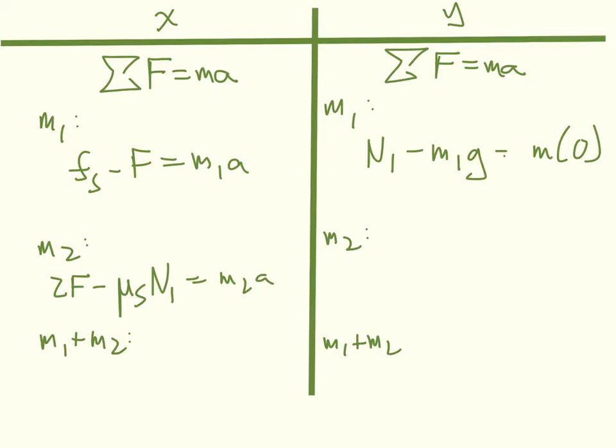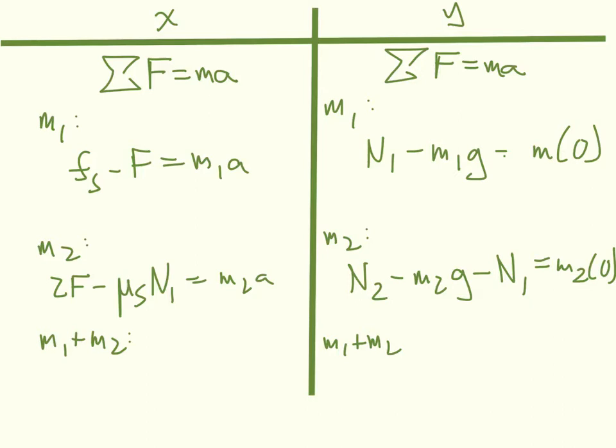In the y direction, a little more interesting here, we have the normal force on the bracket from the ground. And then we have the weight, Earth pulling down on the bracket, but we also have the 10 kilogram block pushing down through a normal force on the bracket, and all of those balance.